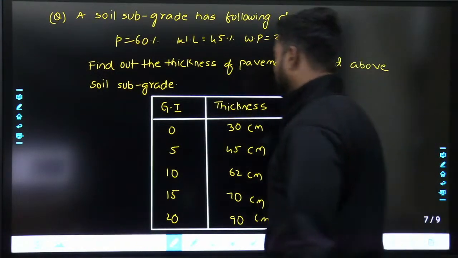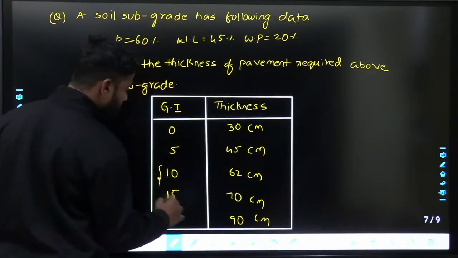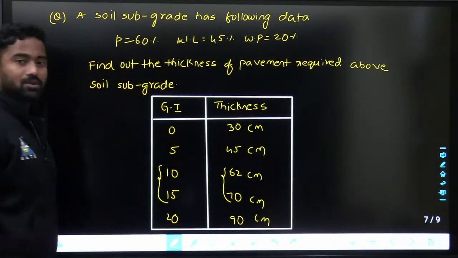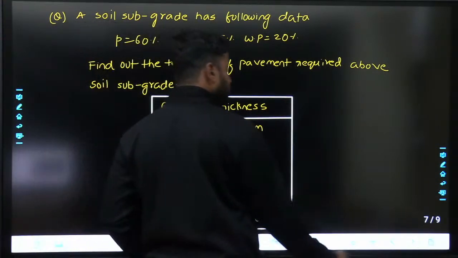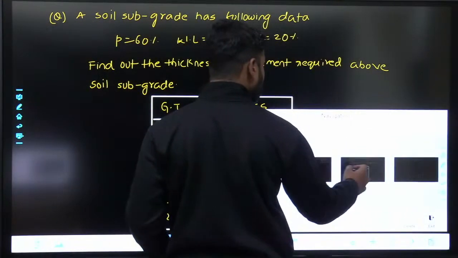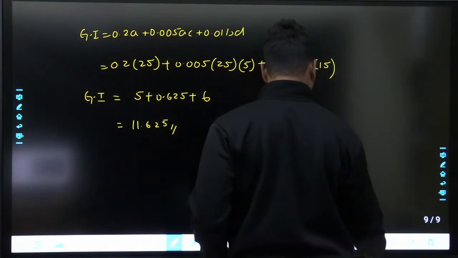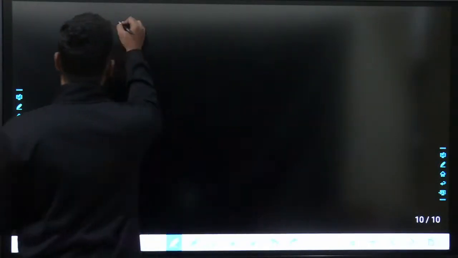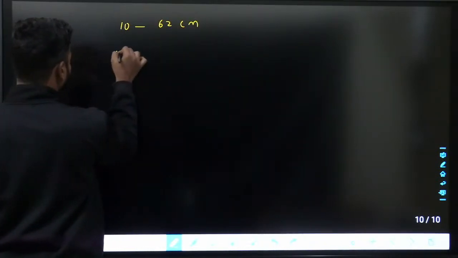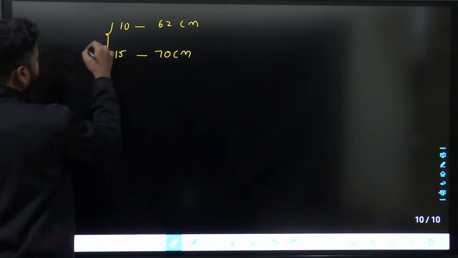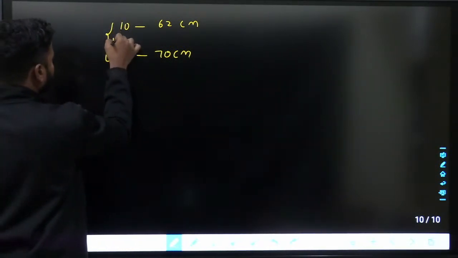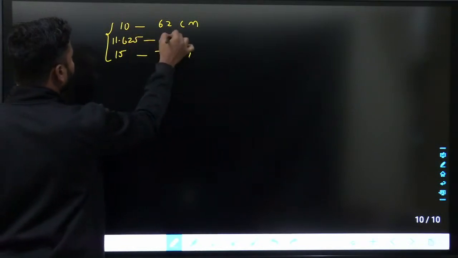Fine. 11.625 means it will be in this region. So, that means you have to do linear interpolation. Just do the linear interpolation. For 10 it is 62 centimeters, for 15 it is 70 centimeters, for 11.625, what is the value?